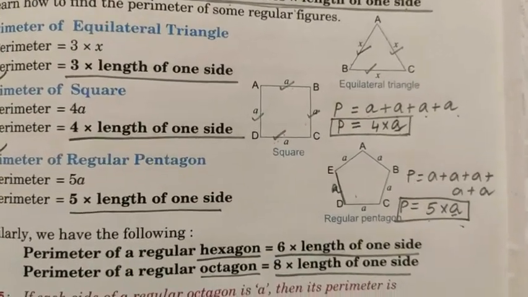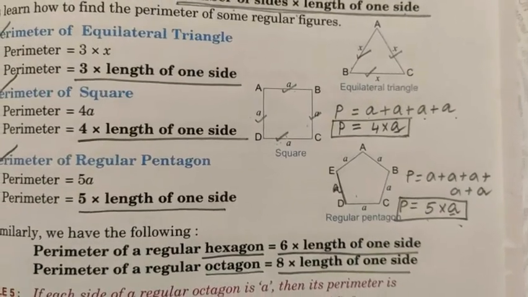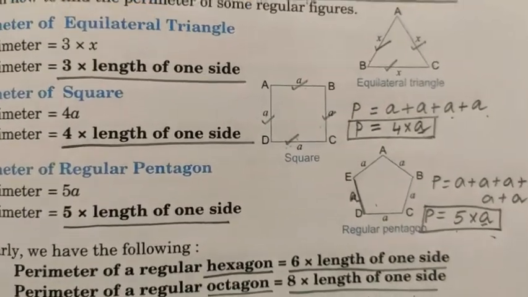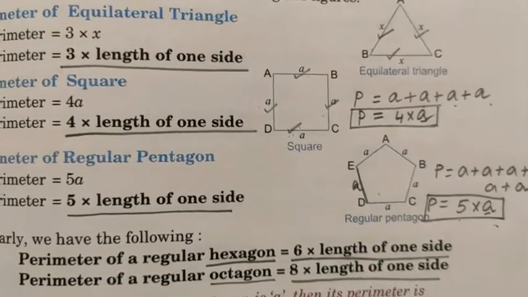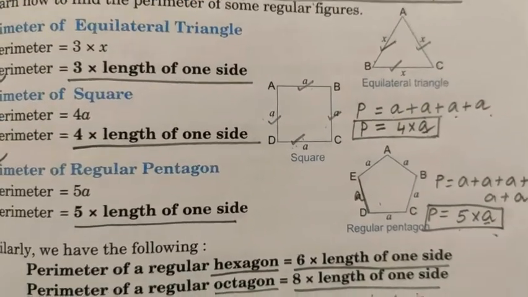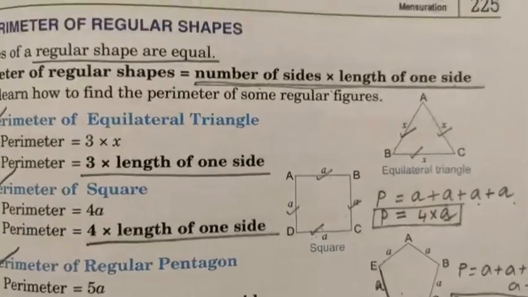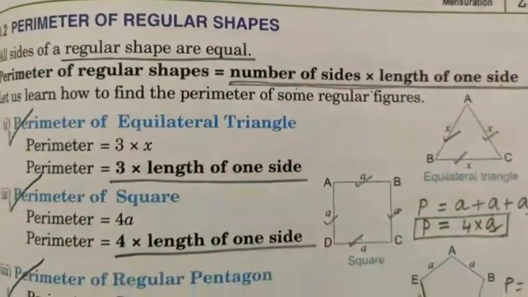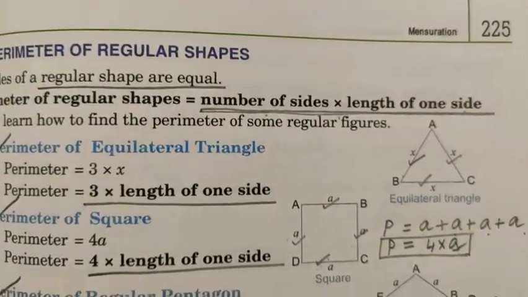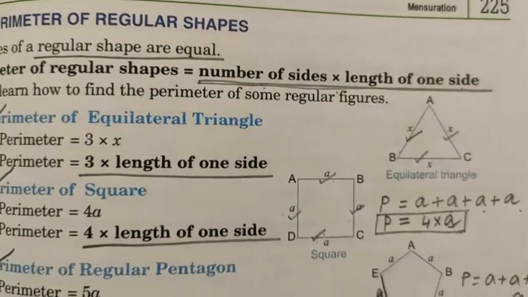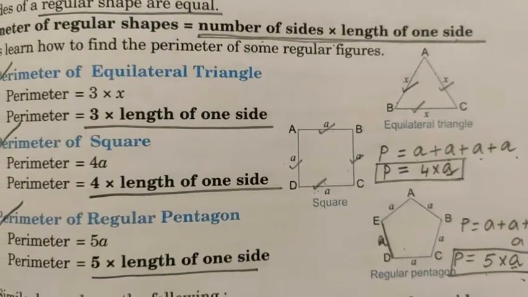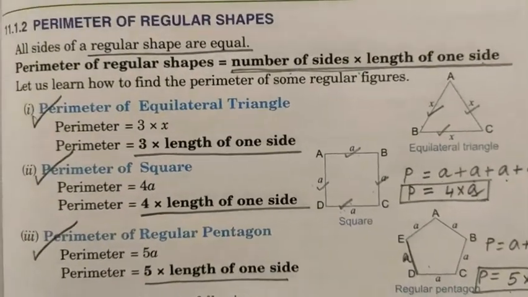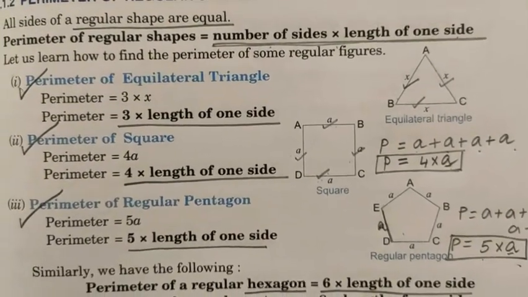A figure which has 5 sides will be multiplied by 5, a figure that has 4 sides will be multiplied by 4, 8 sides will be multiplied by 8, and so on. So it is very simple for regular shapes. The number of sides into the length of one side. This is the perimeter of regular shapes.